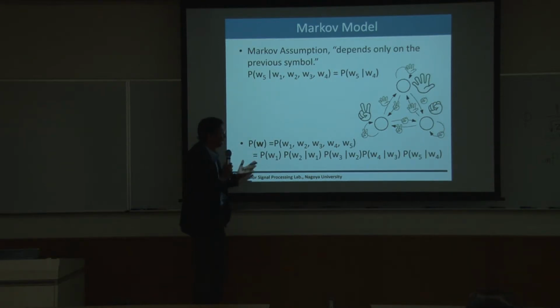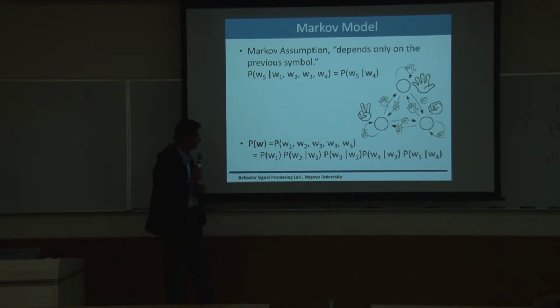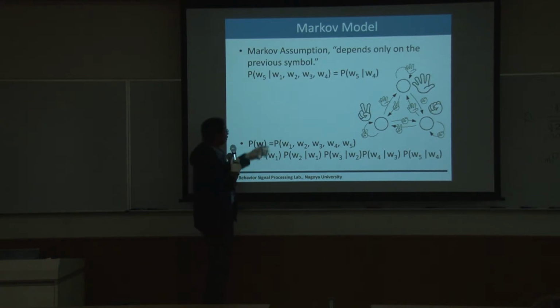But there are a lot of real phenomena where the condition or history that affects the probability of the observation is quite short. So this is the so-called Markovian assumption.